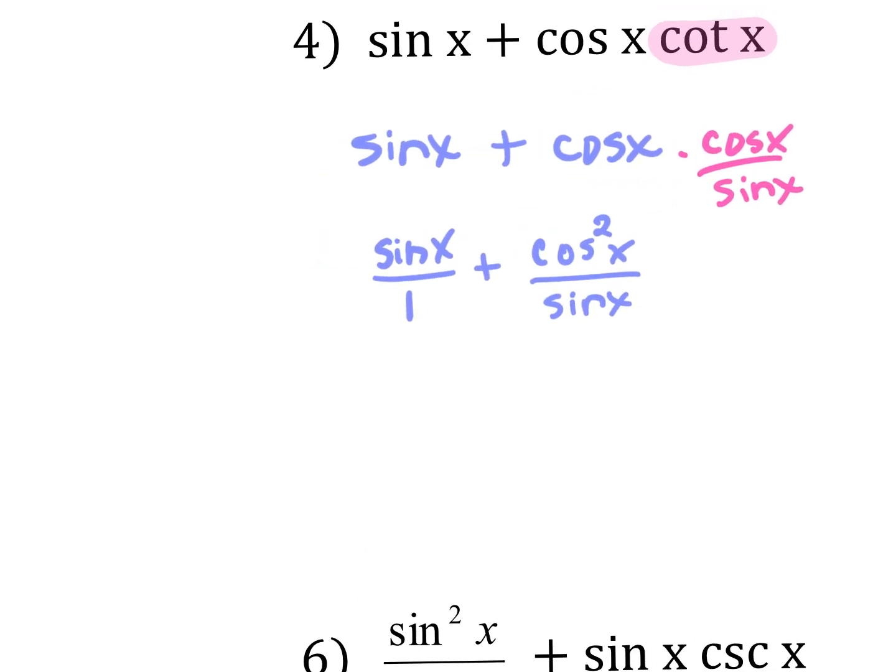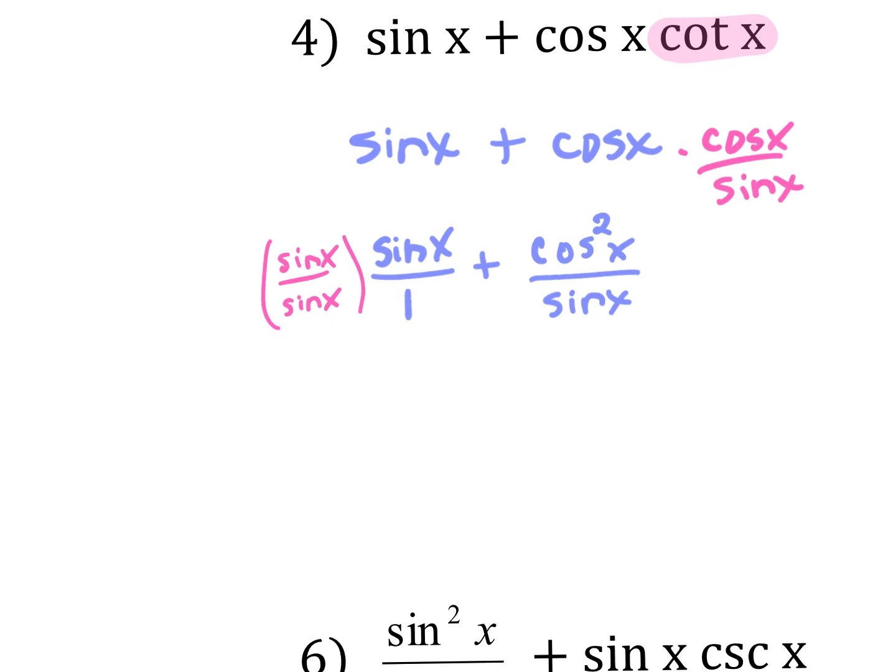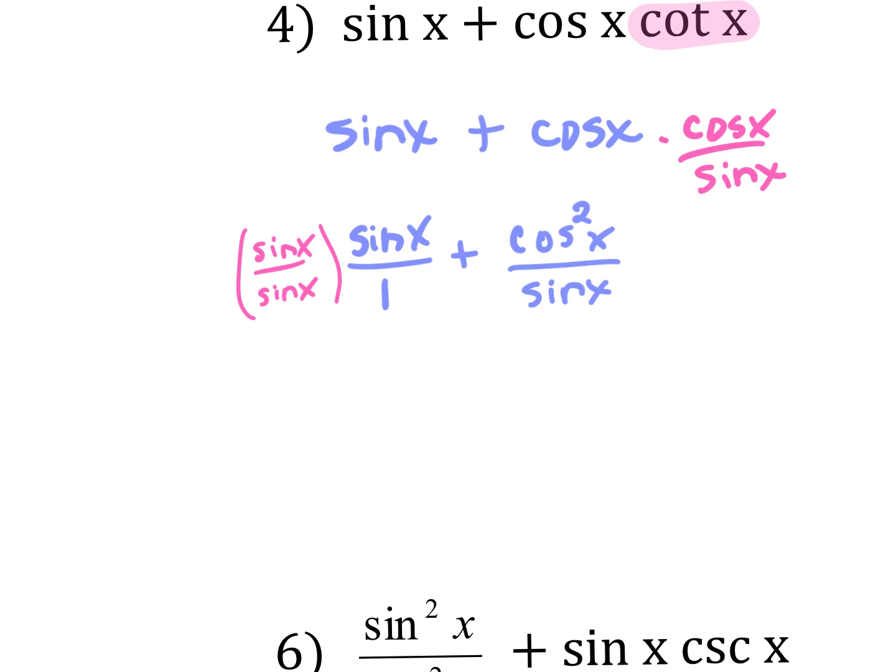So in other words, we've got to multiply this first expression by sine x over sine x so that we have our common denominator. So let's think about what we have when we do that. And like I said, this is a type of problem you're going to see pretty regularly, because if you notice on top, we end up with sine squared x plus cosine squared x, that's our numerator, over our common denominator.